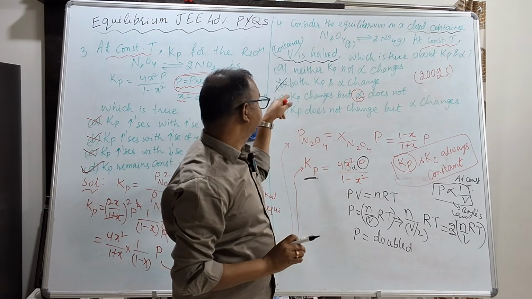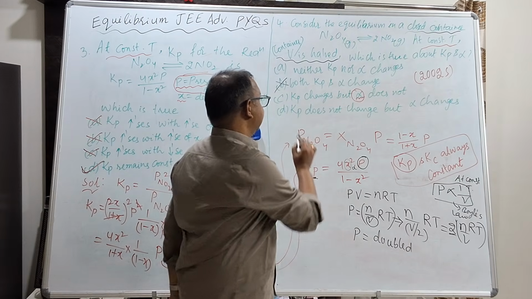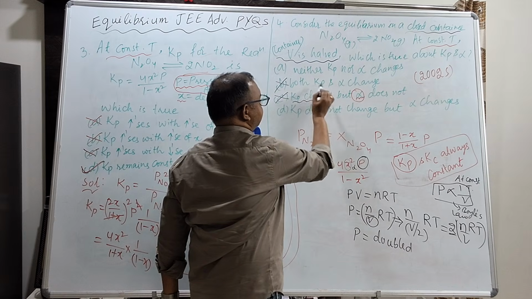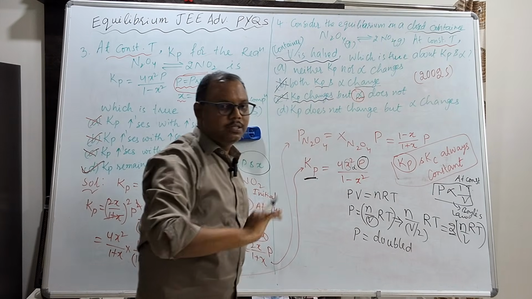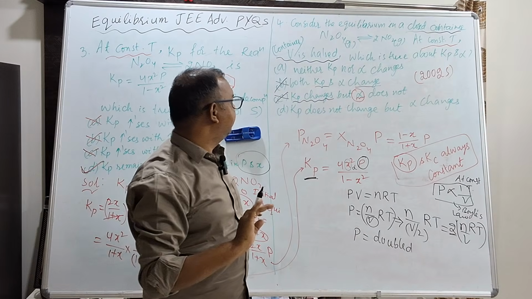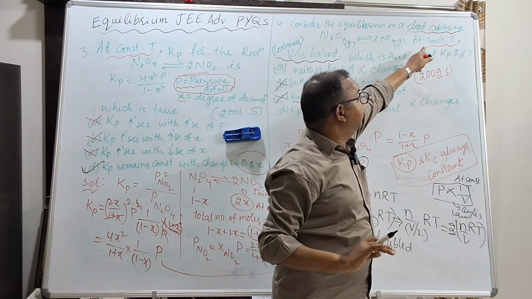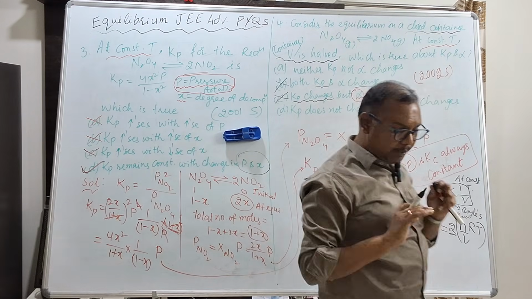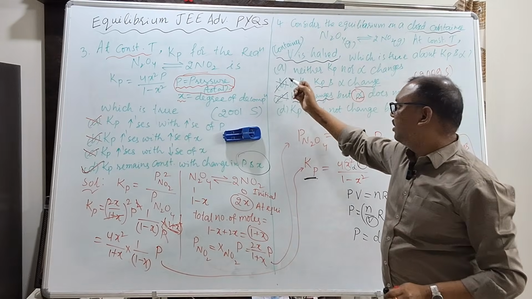Let us go through the next: Kp changes, but alpha does not. This is also wrong. Wherever there is Kp changes, the statement is obviously wrong. Why is it so? Because of constant temperature. If the temperature remains constant, Kp must be constant. It does not change. Therefore, B and C are obviously wrong.